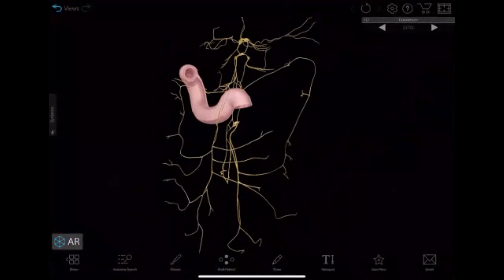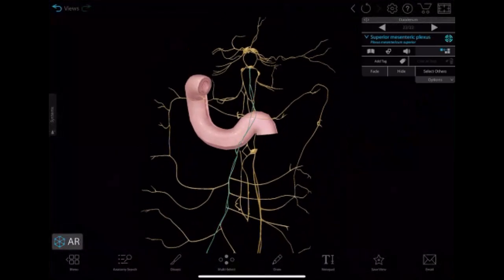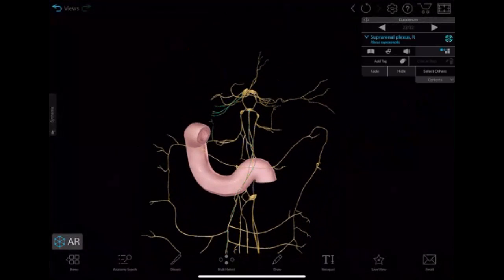This is the superior mesenteric plexus, and this one is the celiac plexus.